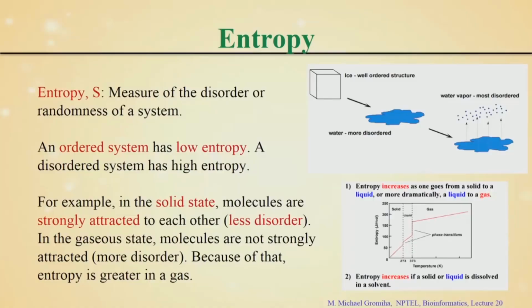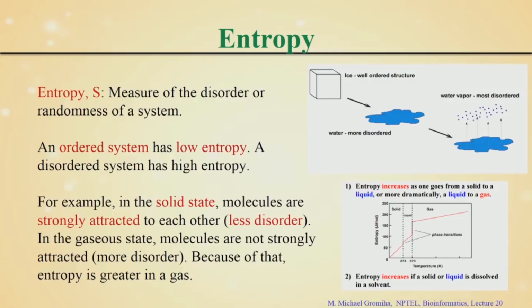When you go to entropy, simply, entropy means the disorder or randomness in the system. If you compare an ordered system and a disordered system, which one will have high entropy? The disordered system. The ordered system has low entropy and the disordered system has high entropy. For example, solid ice goes to water and then to vapor. In ice, what is more random or less disordered?